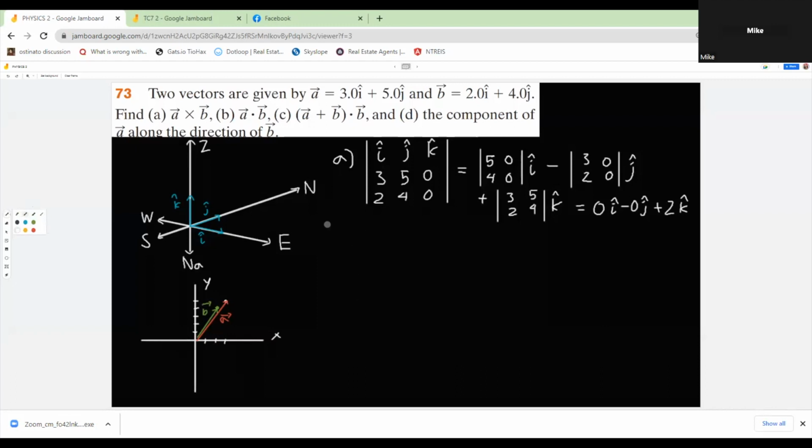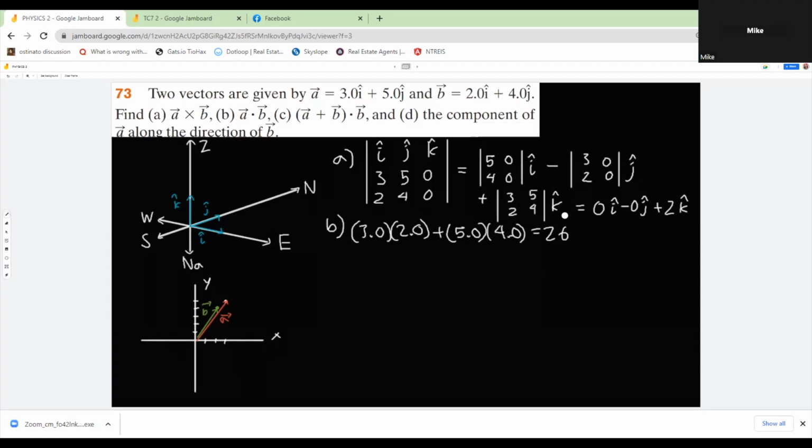Okay, so meron tayong A cross B. So, what's A dot B? 6 plus 20. Okay, so 26. Okay, wala namang units, so leave it at 26.